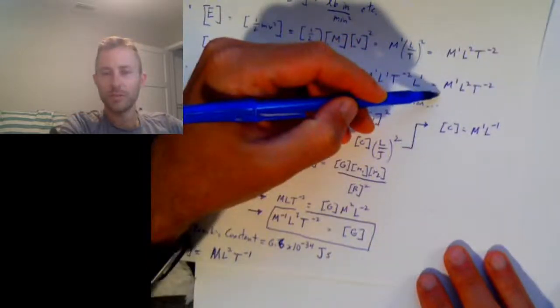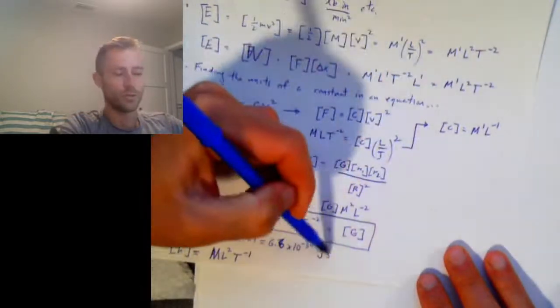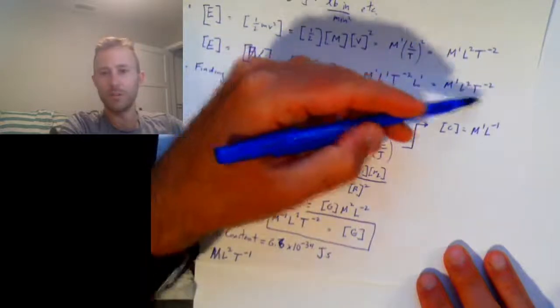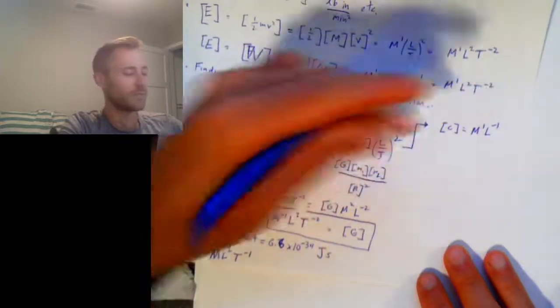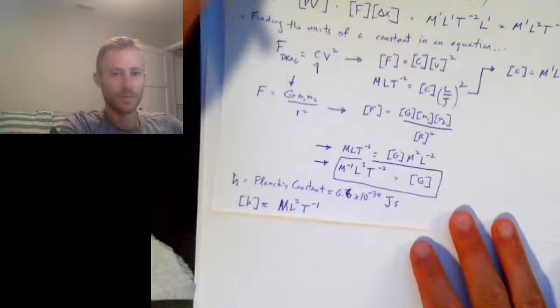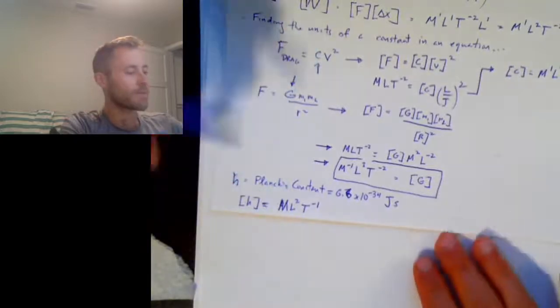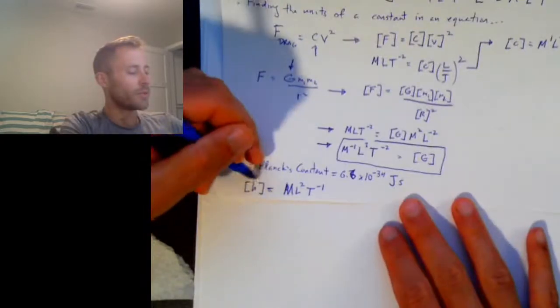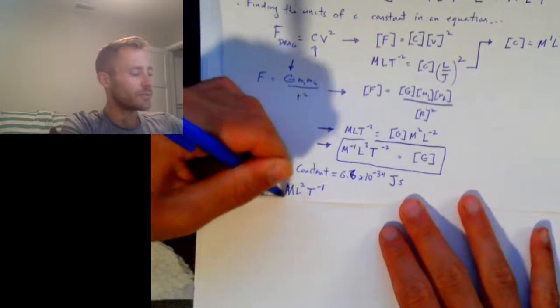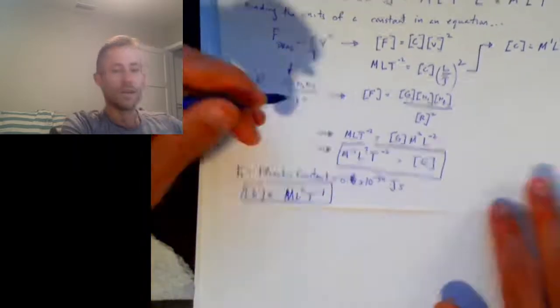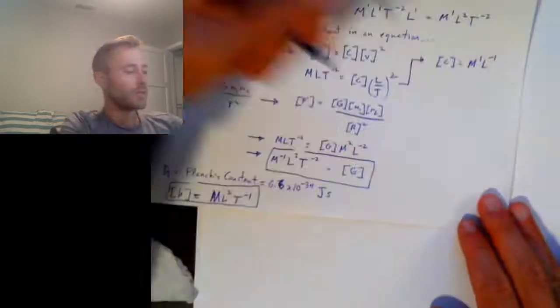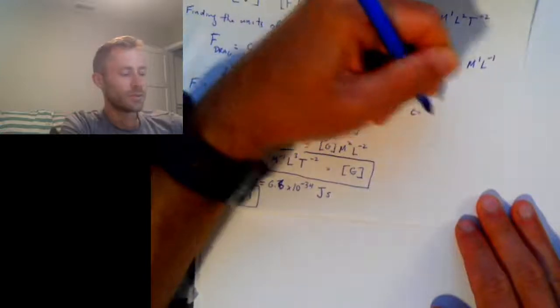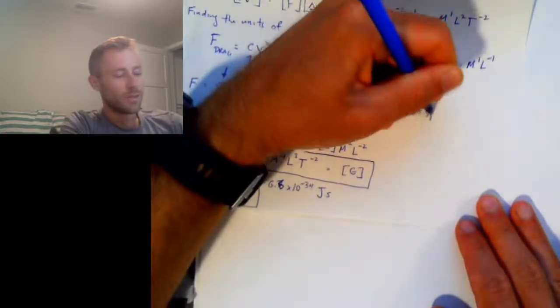See how it's measured in joule seconds. So if I take a joule and multiply it by a factor of T, I get this. Okay? So those are the fundamental units of h. Okay? And then we also have the speed of light, c, which is speed of light.